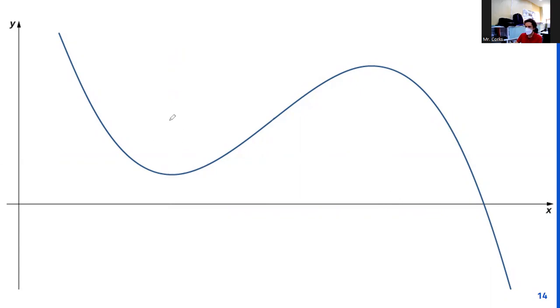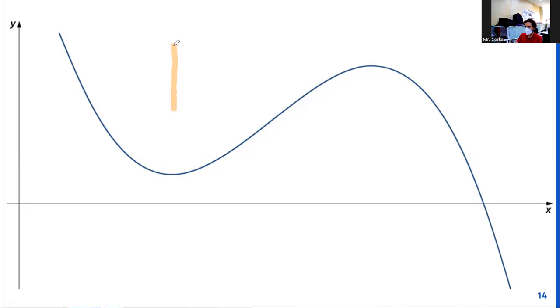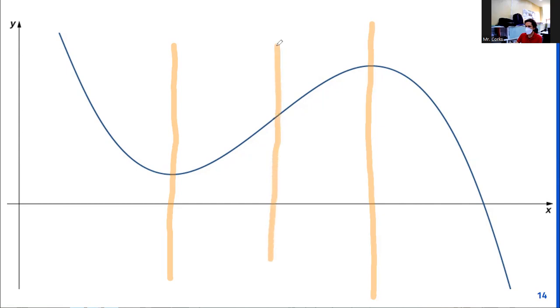Hopefully at this point, we can easily recognize that we have a minimum and a maximum. And then in between, we have an inflection point where we change from curving up to curving down, concave up to concave down. Okay, so that gives us 1, 2, 3, 4 different areas on this graph.